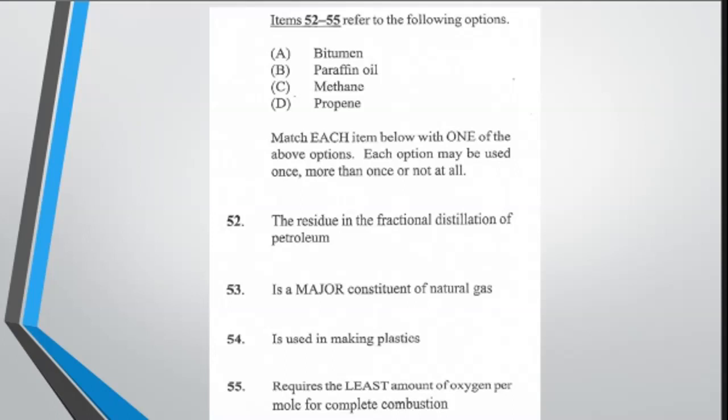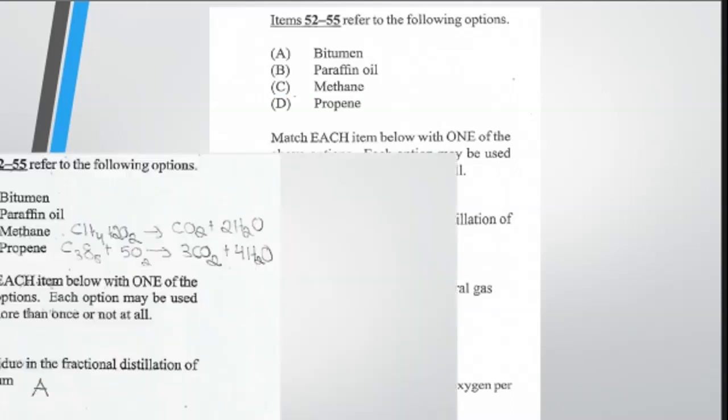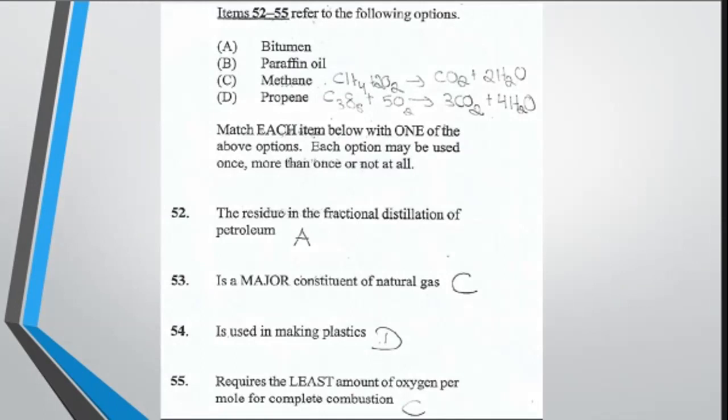All right, so coming back to the question, 55 requires the least amount of oxygen per mole for complete combustion, and the answer for this is C, methane gas, because it only has one carbon present. So it's easier to burn one carbon than it is to burn many carbons. So our answer here is C for 55.